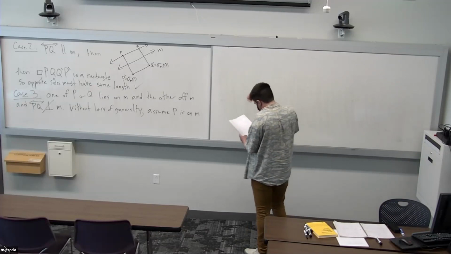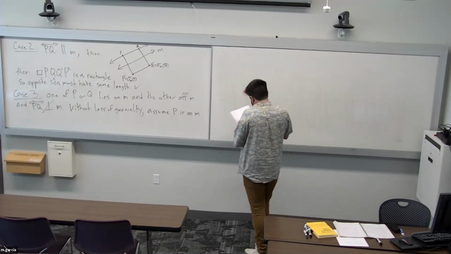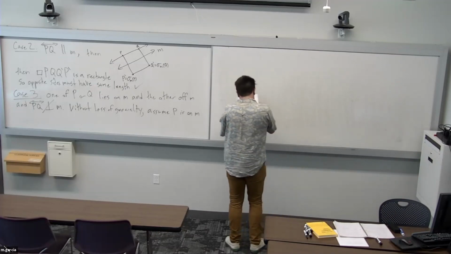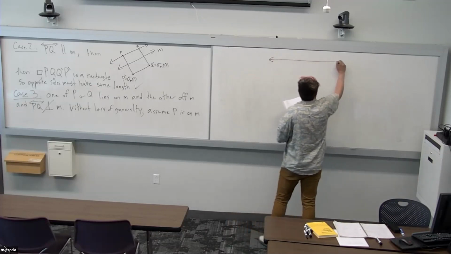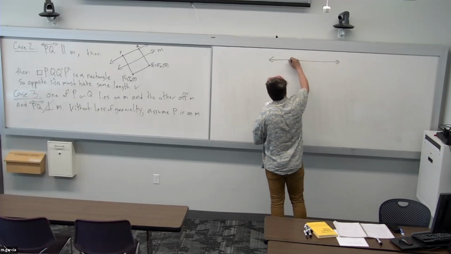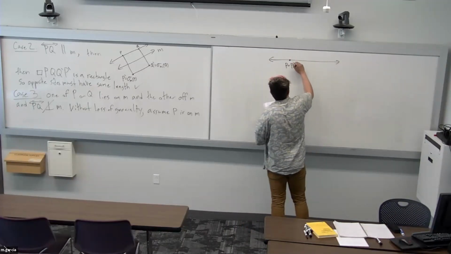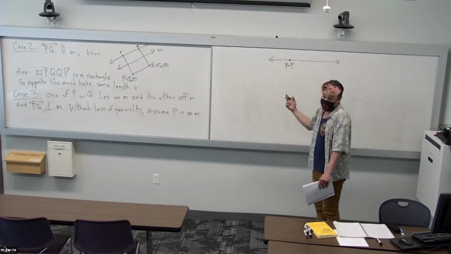Then I'll draw this diagram. So we have P, which must equal P prime since it's on M.